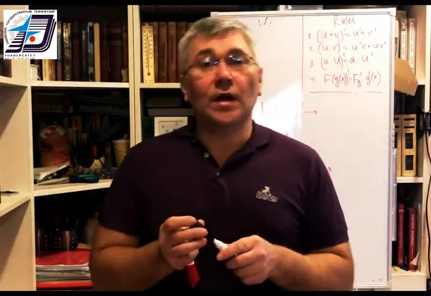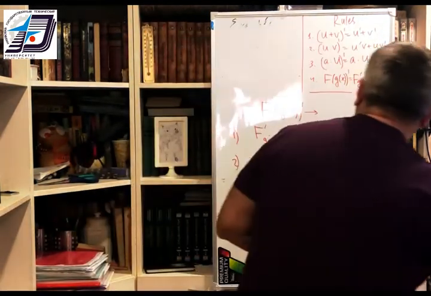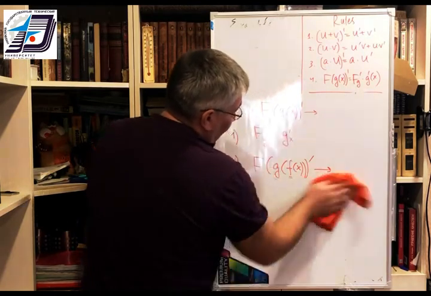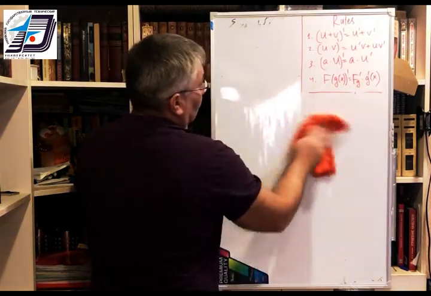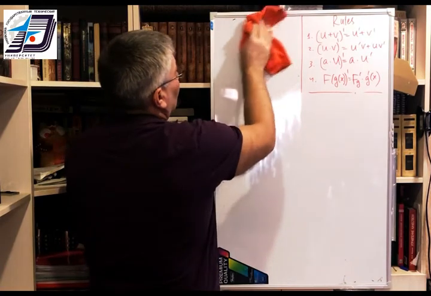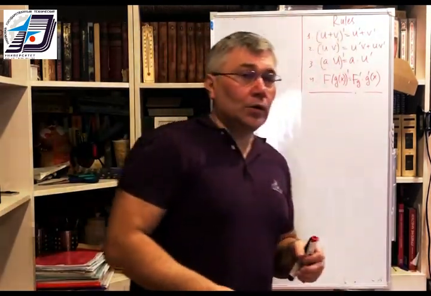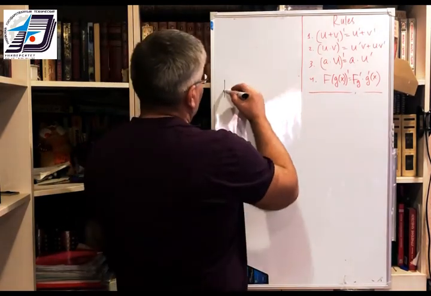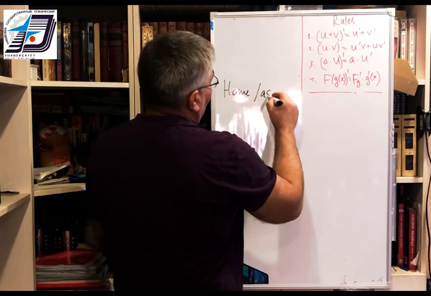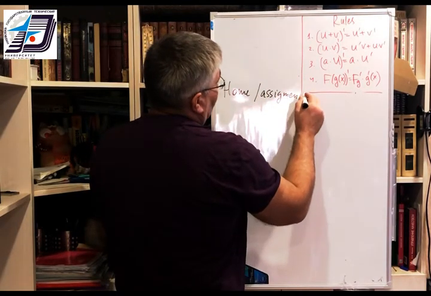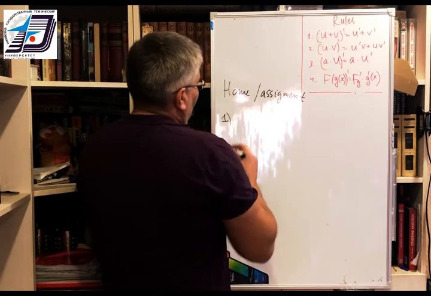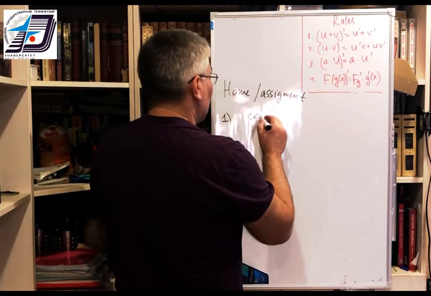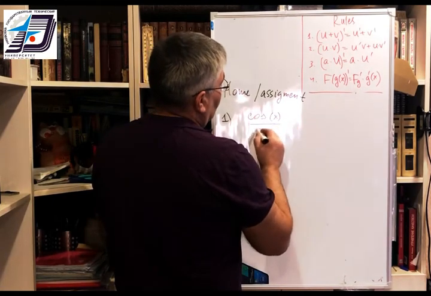So today I give you some home assignment. I put it over there. Try to do your home assignment at home. If you can't cope with difficulties, ask me, and next hour I can dedicate to this calculation. So, home assignment to do. Calculate the derivative of cosine x over sine x.